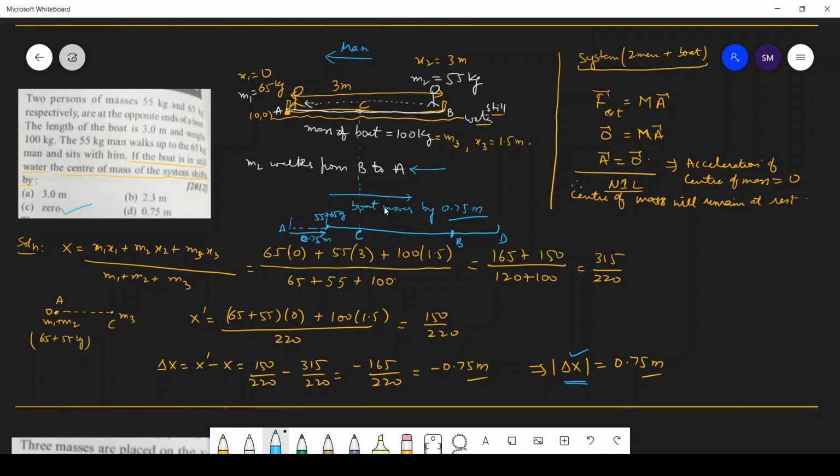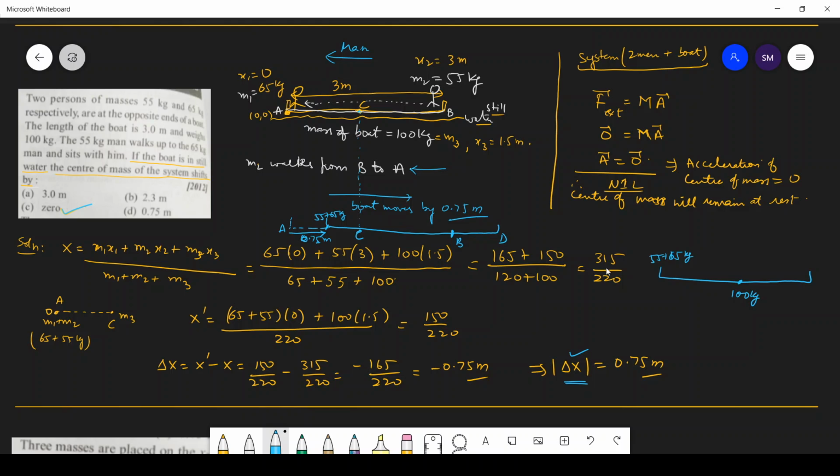If you are moving the mass in this direction, of course this is the boat. Now we have 55 kg and 65 kg here and 100 kg is here. So where will be the center of mass? The center of mass is displaced by this.